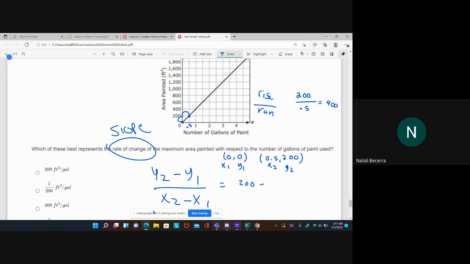So 200 minus 0, and then 0.5 minus 0. Same thing, 200 minus 0 is just 200. 0.5 minus 0 is just 0.5. And this gives you 400. So my answer here was C.